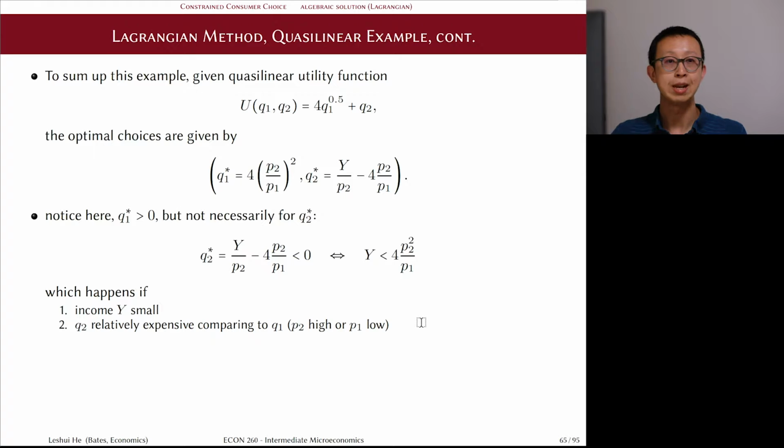In other words, whenever the prescribed Q2 star is negative, we will force it to be the lowest we would allow, which is 0. In other words, a negative quantity in good 2 would provide a higher utility, but we cannot allow it. So we will let Q2 star be the closest possible to that optimal negative solution, and that is 0. And now we will have a corner solution.